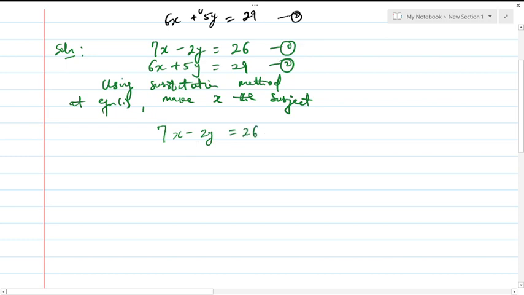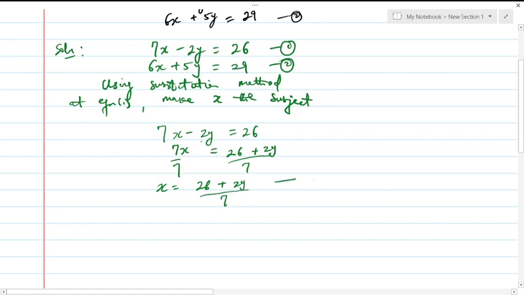So we take the minus 2y to the other side. We have 7x equals 26 plus 2y. Then divide both sides by 7 for x to stand alone. So we have x equals 26 plus 2y, everything over 7.